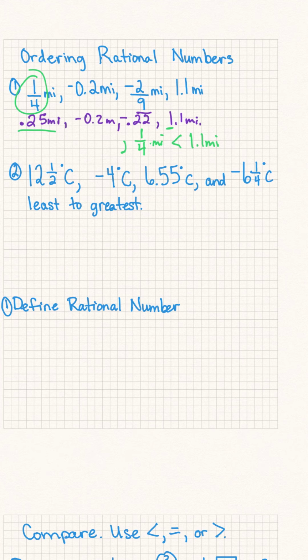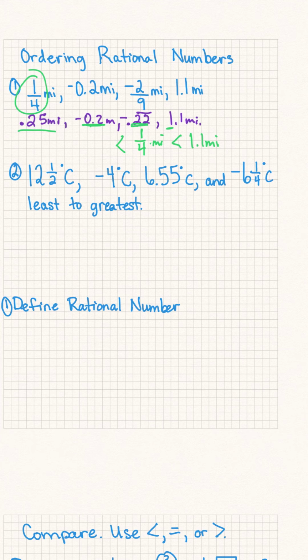Less than. And then from there, negative 0.2, or negative 0.22222. This one stops after the 2. This one keeps going. So technically it's a bigger negative.